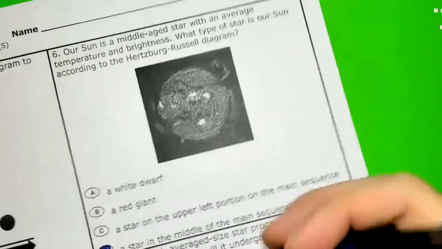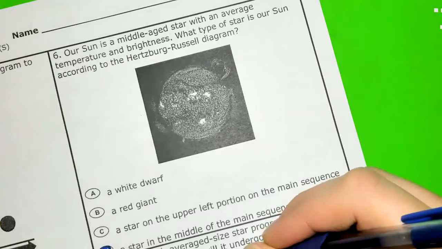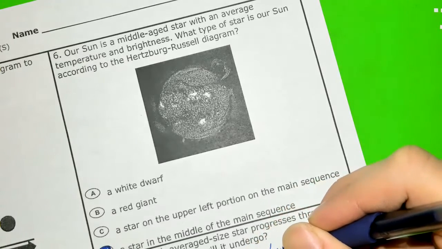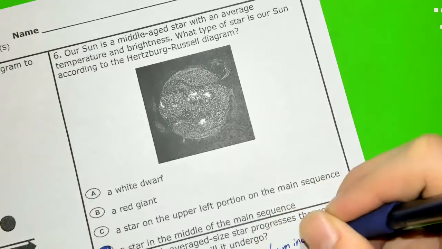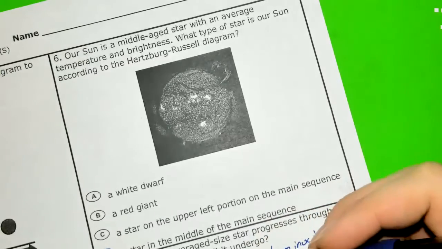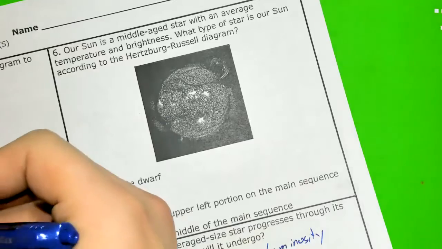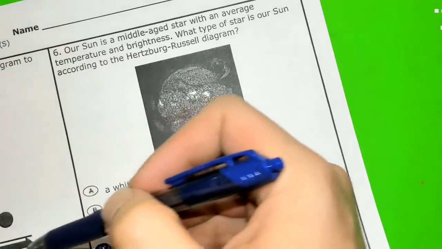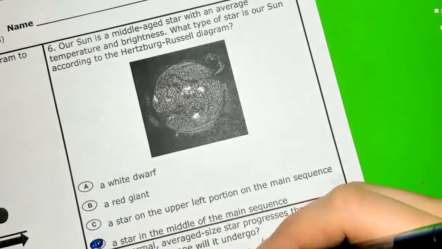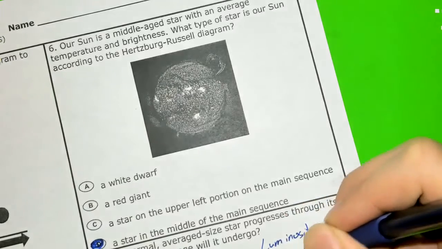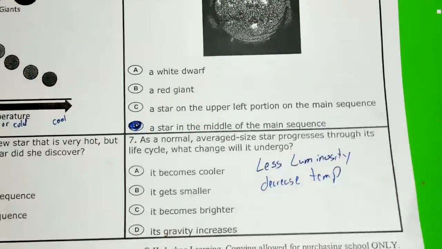So we're getting less luminosity. Not the right word to put there, but just put it down for now. It's not as bright, but it is going to decrease in temperature as well.